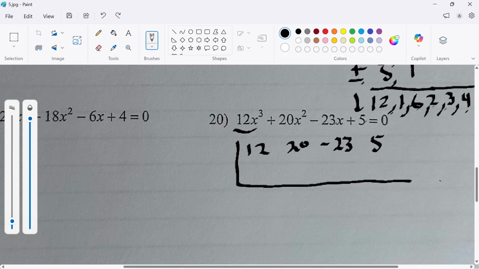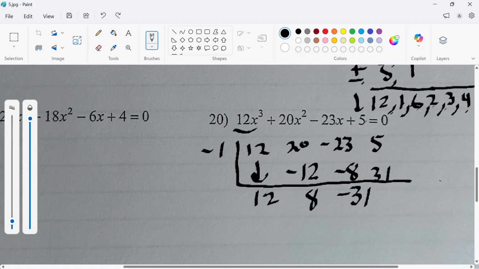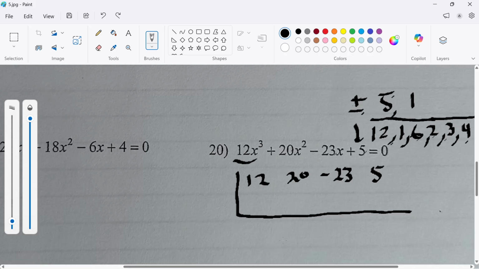So now I will try negative 1. There's the 12. That's negative 12. 8. Negative 8. Negative 31. Not 0. So negative 1 didn't work. All right, I'll try 5 over 1. Until I find one, I have to keep trying. I'm just trying the integers first. 5 times 12 is 60. This isn't going to work.